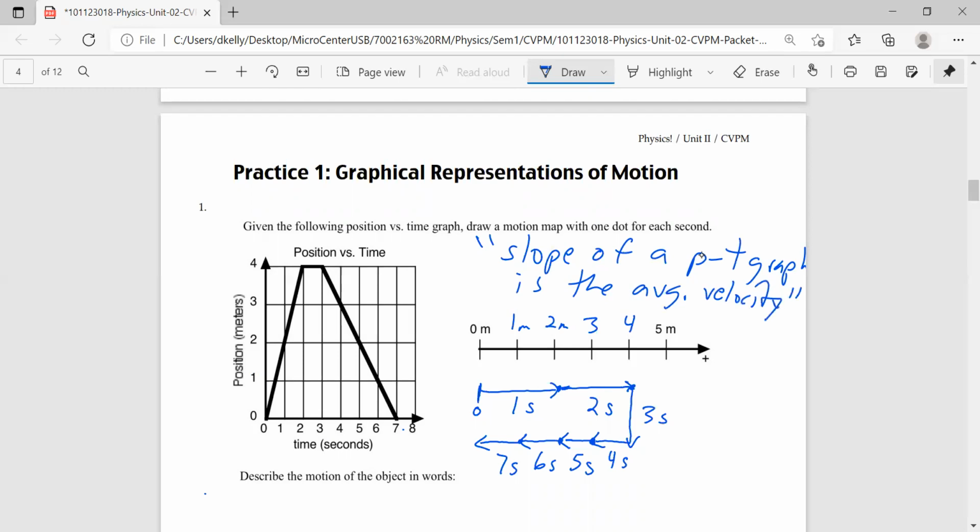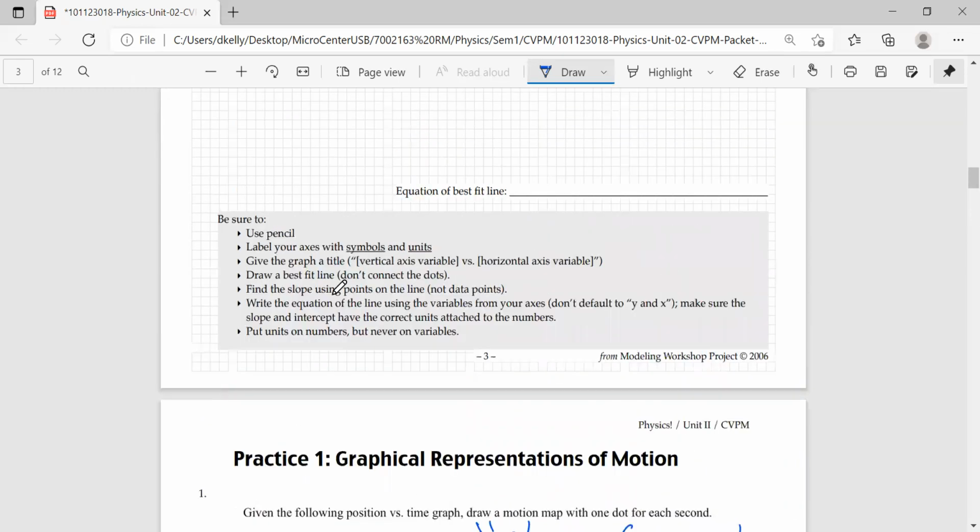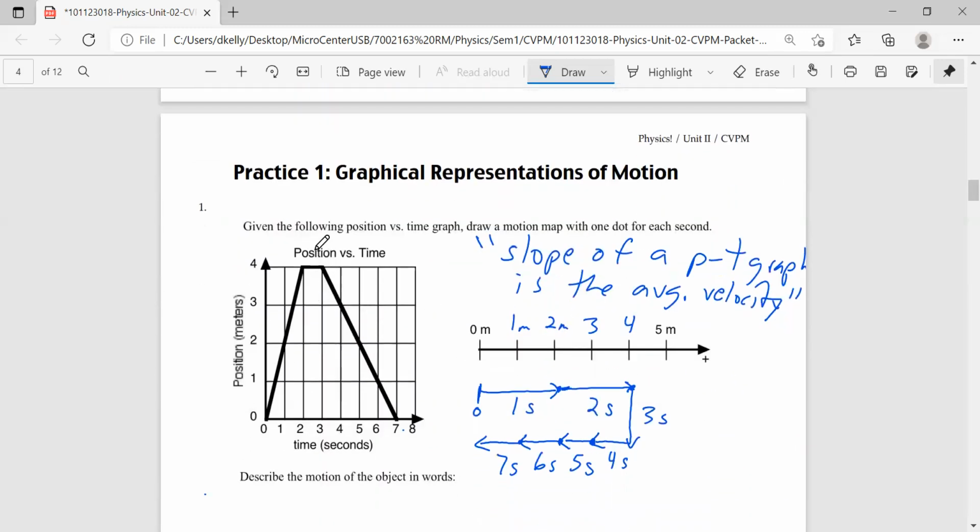So on page 3, when it was asking you to find the slope, that's the math. You know, we've been finding slopes for a good long time in algebra, but in physics, that slope translates to a velocity. That slope is a velocity only for position time graphs. When we go to velocity time graphs or any other type of physical quantities, the slope quantity changes. But for right now, where we are, the slope of a position time graph is the average velocity.